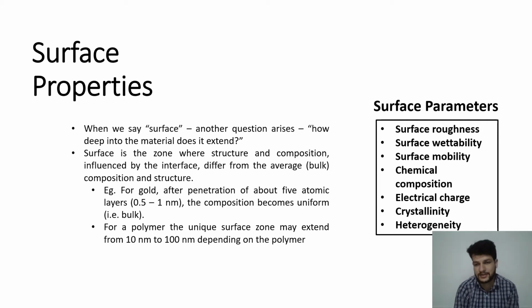To study the surface, there are some important parameters which need to be studied, and after studying these parameters we can understand how the surfaces will react with the biological system, and what the biological response to this surface should be. So different parameters are listed here.